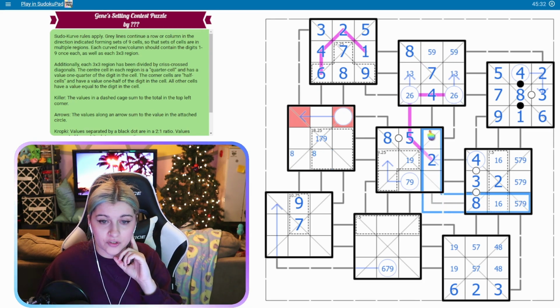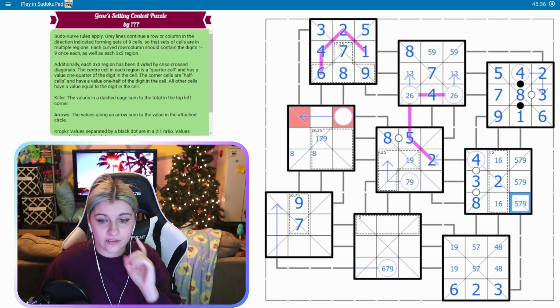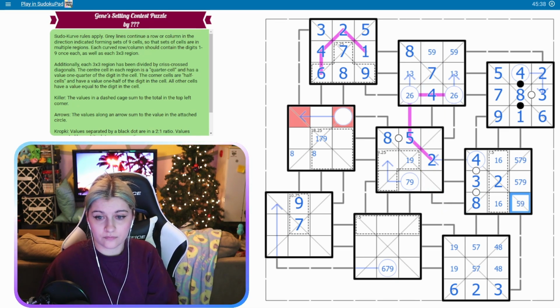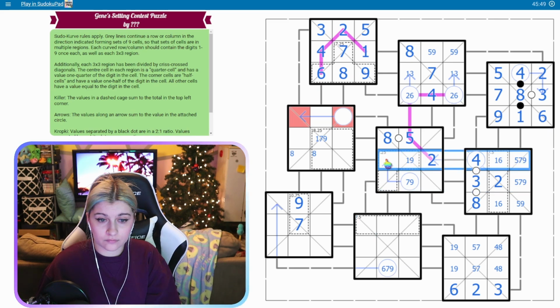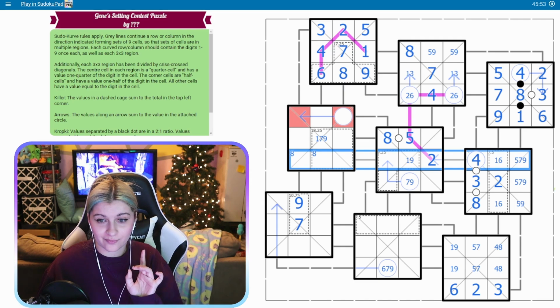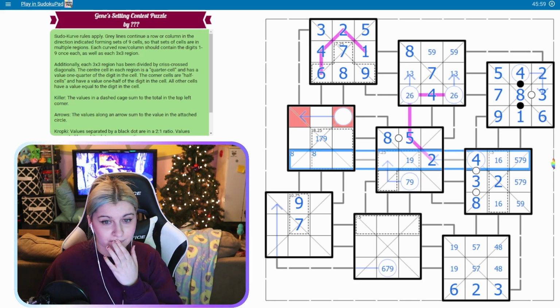This is an interesting sight here. 7 sees this. All right. I think I might stop the Sudoku scanning and look at other stuff now.